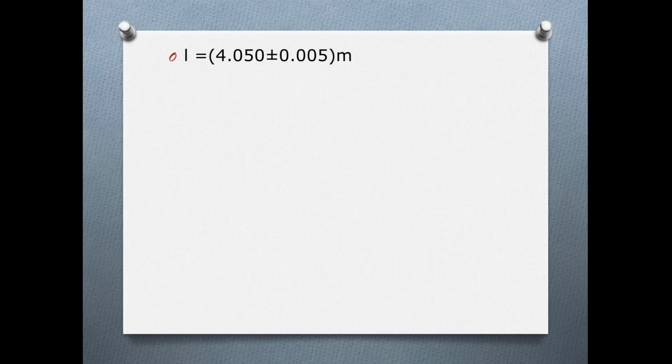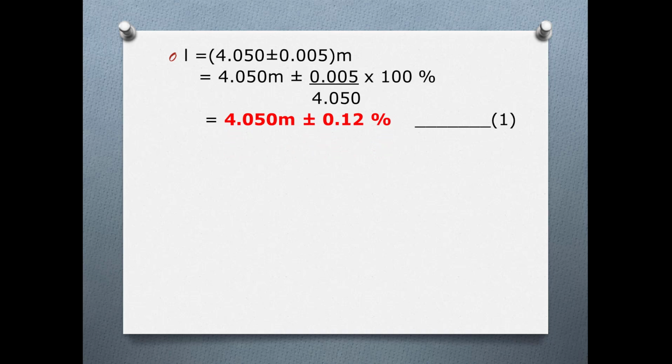We know that length has the value 4.050 plus minus 0.005, and the formula of percentage uncertainty is absolute uncertainty divided by true value multiplied by 100. So we can write it as the actual value 4.050 meters plus minus percentage uncertainty, which is absolute uncertainty divided by actual value multiplied by 100%. So we will get 4.050 meters plus minus 0.12%. This is equation number 1.